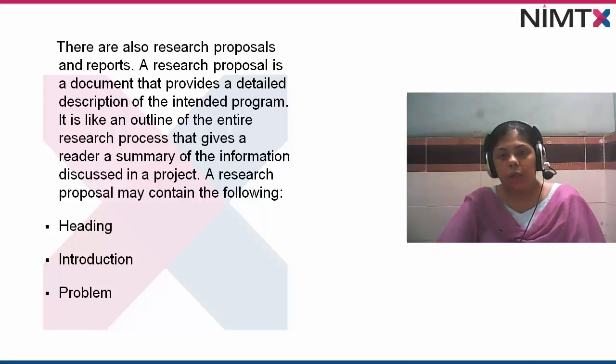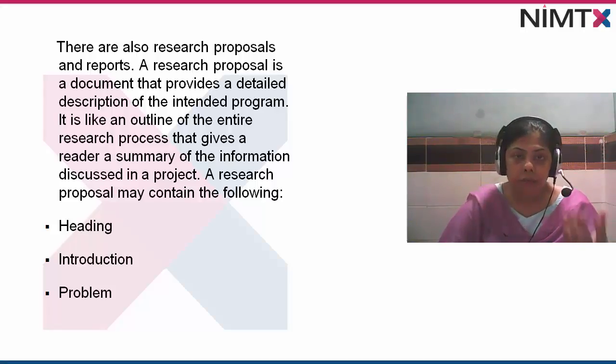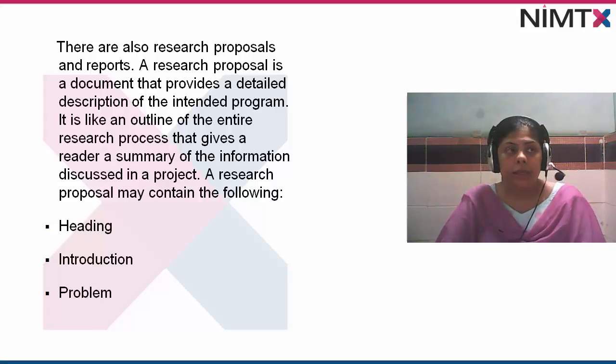It gives an outline of what kind of report the committee or the individual is thinking of preparing, what exactly would be their scope, what will be their methodology, what method will they use. They may do only primary research, they may only do secondary research. So they would give all these details in a research proposal.